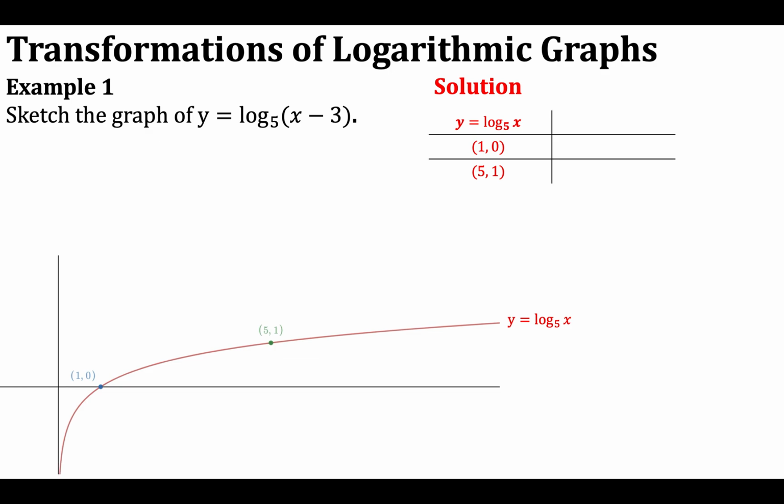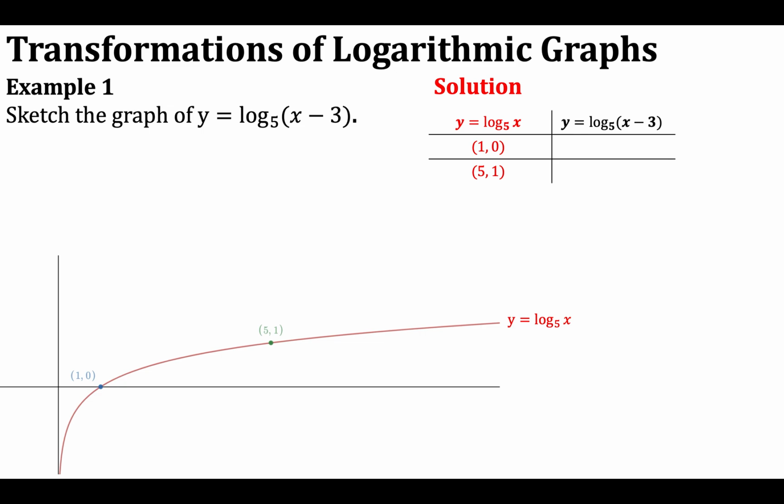And the transformation that's going to happen is we're going to be drawing the graph of y equals log to the base 5 of x minus 3. And we know that that's going to be a horizontal shift of the graph to the right by 3 units. So as a result, we need to add 3 units onto each of our x ordinates.